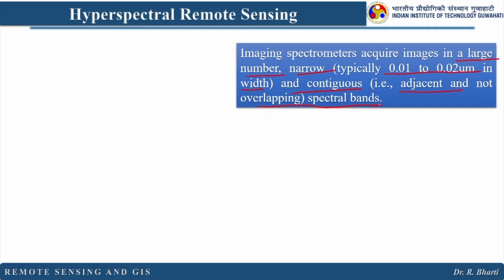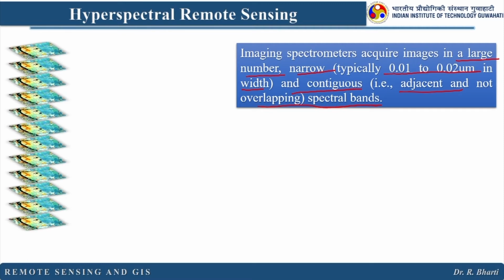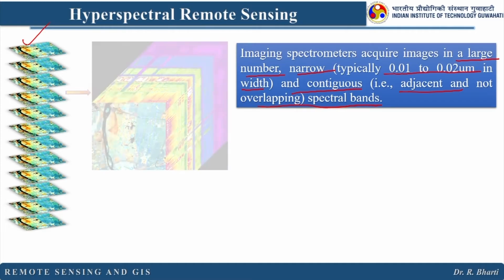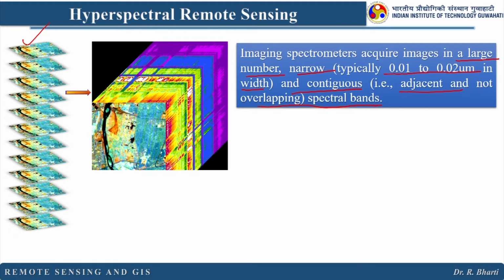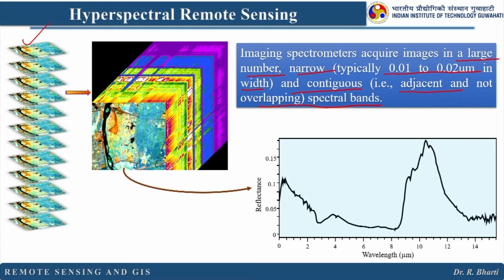So, this is the definition of an imaging spectrometer and what exactly it does. Here you have many bands and they are contiguous in nature, and this we represent in terms of a hyperspectral data cube, and subsequently for an individual pixel this is the reflected response.